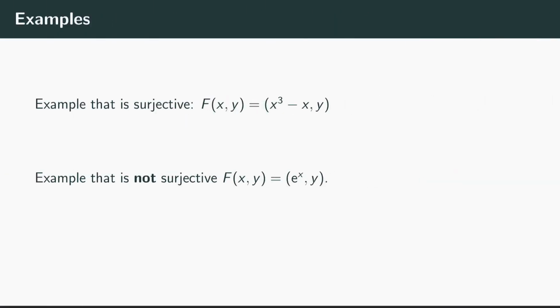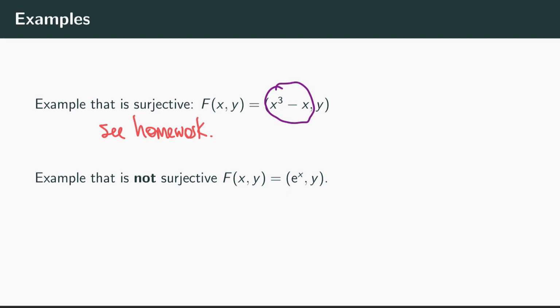So here are some examples that are surjective. Well, this first one is surjective. That one is a little exercise to prove, and I'm going to assign it in the homework. I mean, the key ingredient is that x and y are completely separate from each other. So this is going to be surjective if and only if this first coordinate function there is surjective as a map from the real numbers to the real numbers.